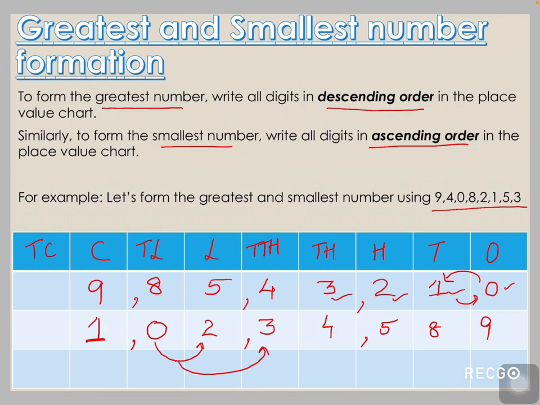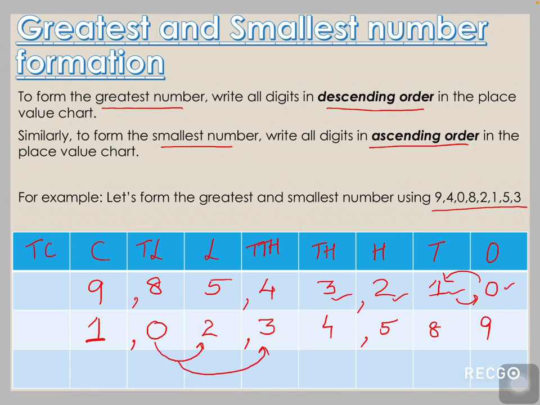So the smallest number is formed like this. If you are given 0, to make the smallest number, arranging the digits in ascending order, never place 0 at the beginning, because the number will become one digit less. Like it is 8 digits, it will become 7 digits, because that 0 has no value.